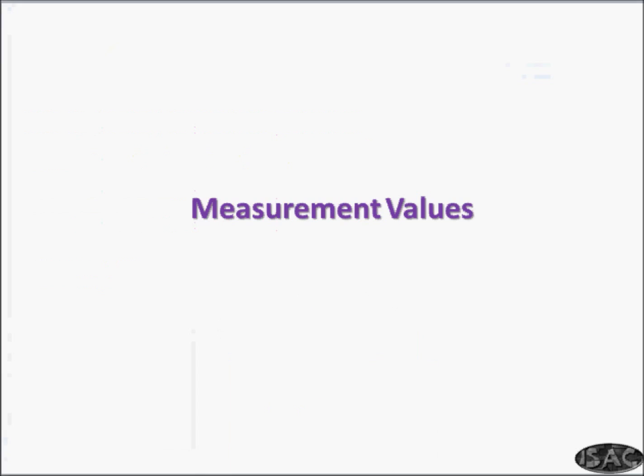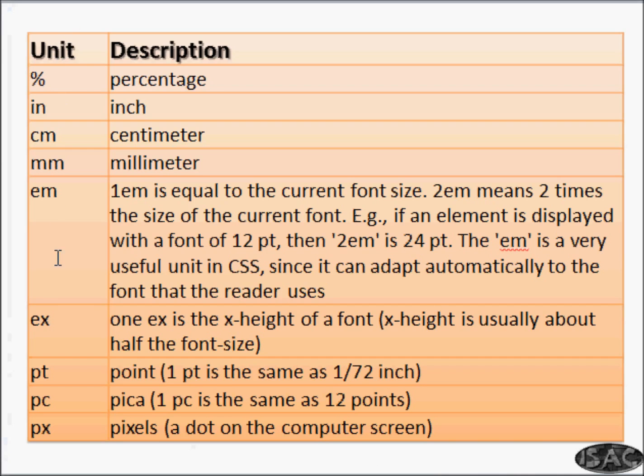Measurement values, as we know, there are different kinds of units we have, like percentage, inch, centimeter, millimeter, em. 1 em is equal to the current font size, 2 em means 2 times. Generally 1 em is 16 pixels, okay.